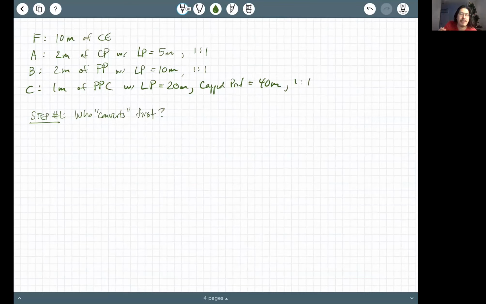So actually what can happen first here, so first of all, will B ever convert? B will never convert because they've got participating preferred. So we'll never need to do any calculations with regards to B. B is going to influence the equations we set up, but we know that B is never converting because they don't need to.